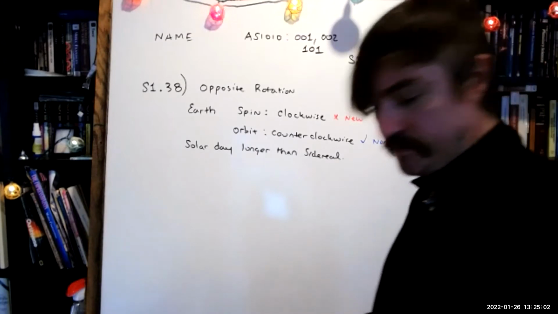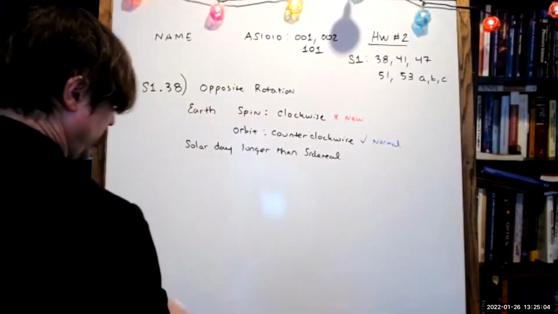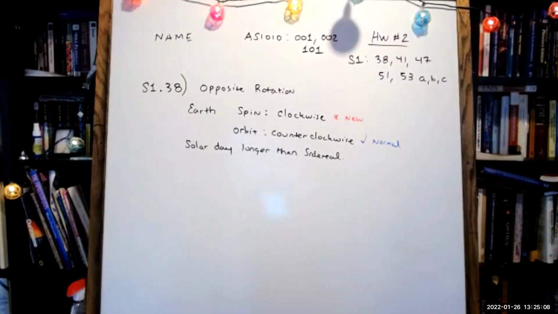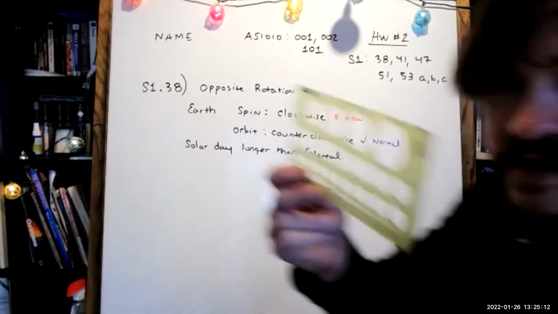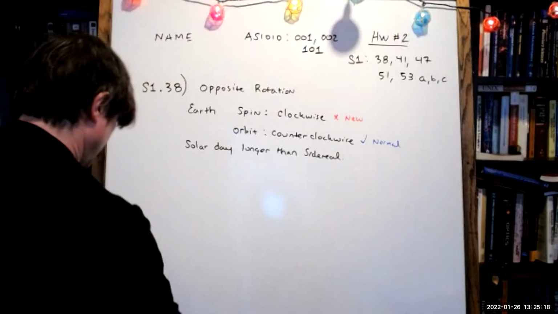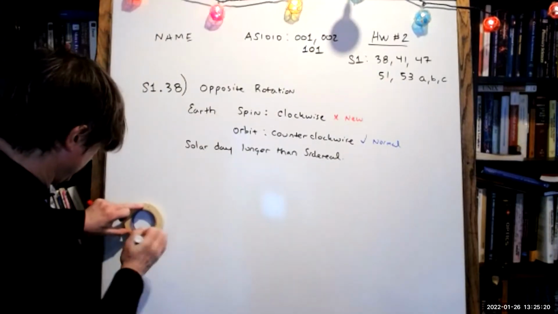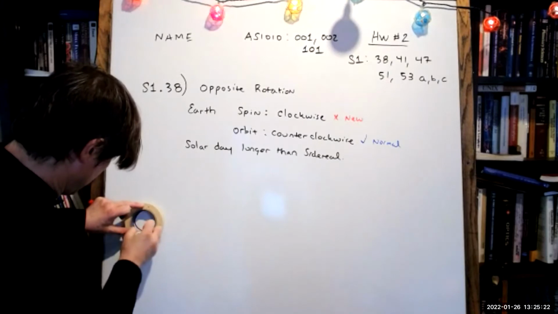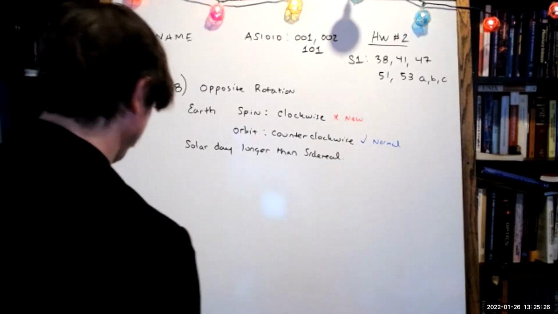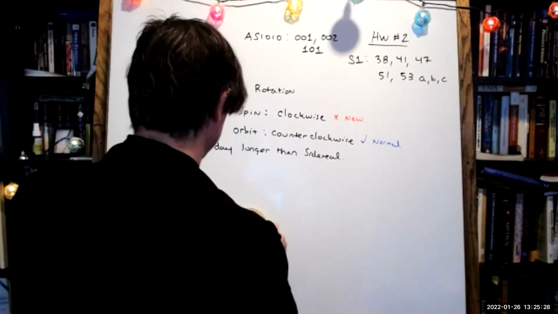Why don't we draw a picture? It can be really helpful to have either a compass or a small circle maker. If you had something like this, boy, would that come in handy here. I'm going to draw the sun here. Leave yourself some headroom for this. And then I'm going to draw some Earths.